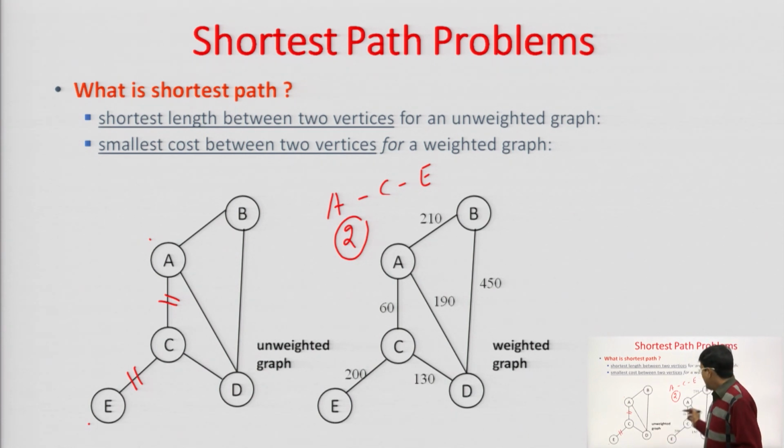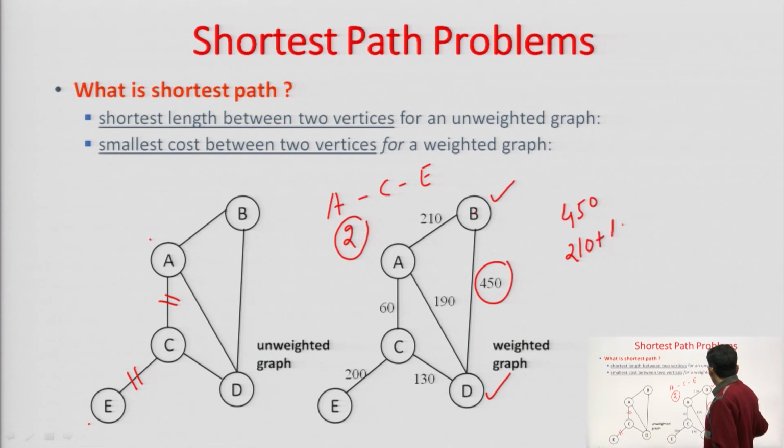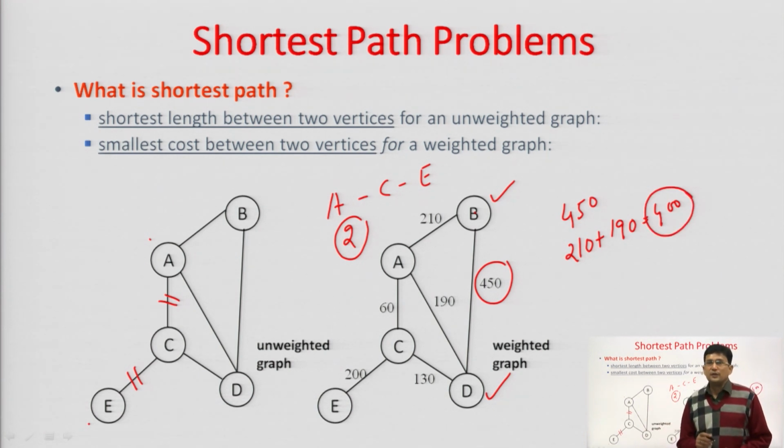For example, if we have to find the shortest path between B and D, the direct edge tells us the cost is 450. But if you travel from B to A, then A to D, the total cost would be 210 plus 190, which is 400. So 400 is smaller than 450, so you will pick this one as your solution.